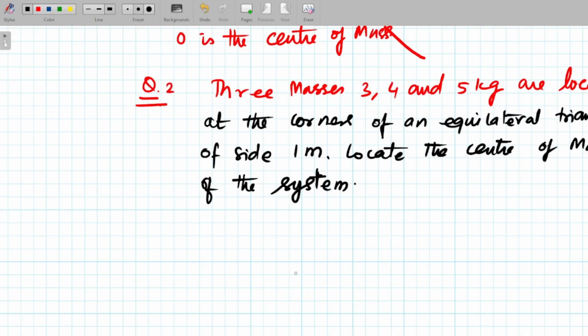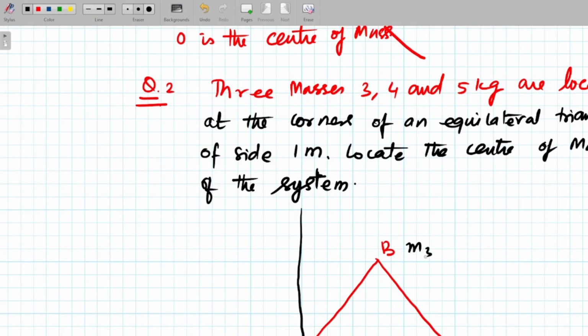Let me write down and draw this triangle like this, and this is your origin O, and let's say this is point A, and your masses are M1, M2 and M3.